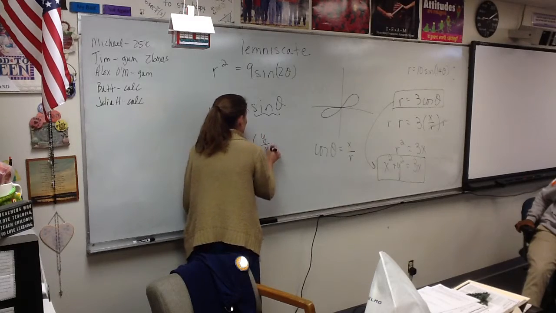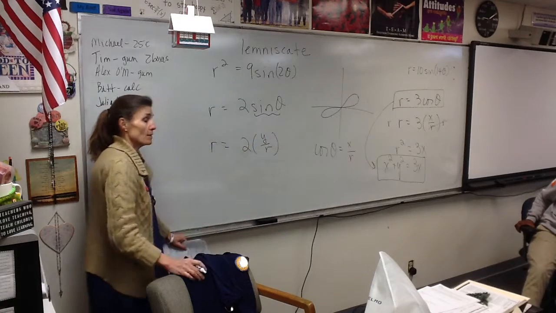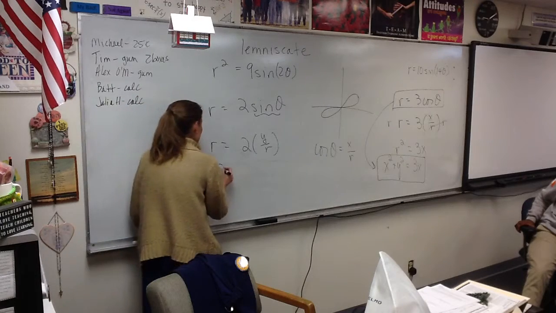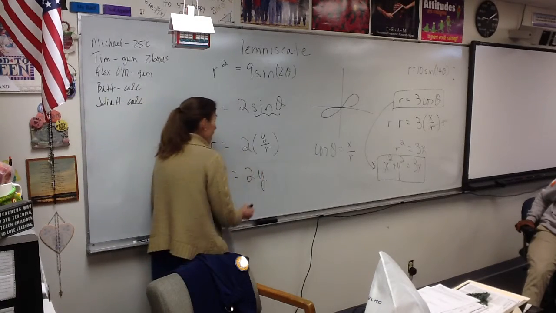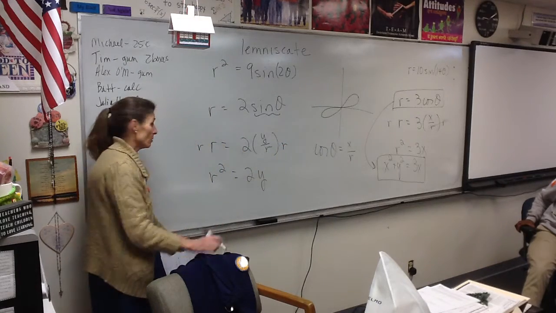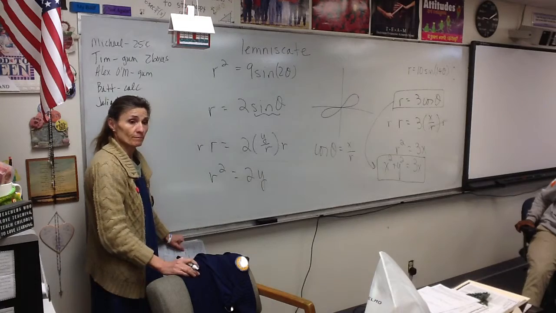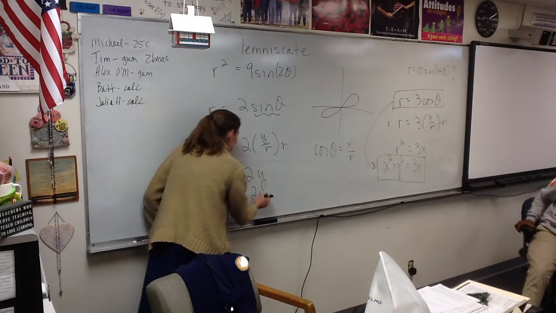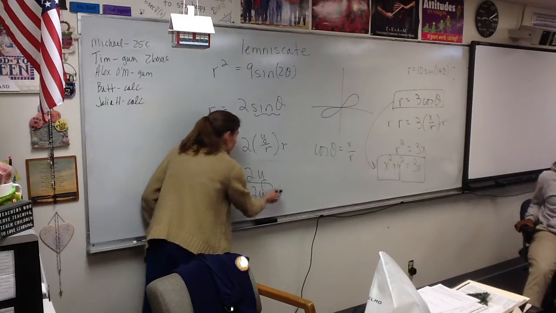Think it's slick, huh? Then what will I do next? So r squared will equal 2y, because I'm going to multiply both sides by r. What's r squared? X squared plus y squared. And there's your answer. That doesn't seem too bad.